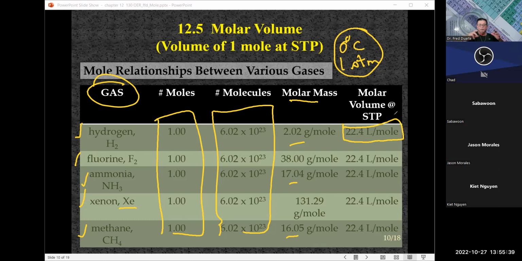That 22.4 liters per mole, guess what, is another ratio, just like the molar mass or atomic weight. So we can use that as liters per mole or moles per liter, depending on the question being asked to calculate. All right, so let us clear this up.